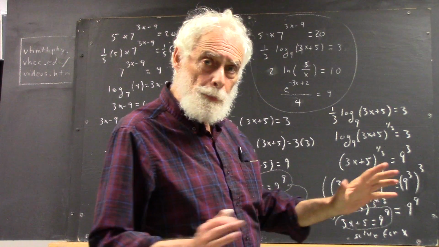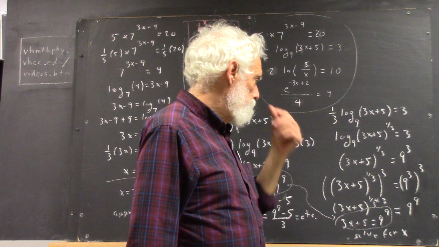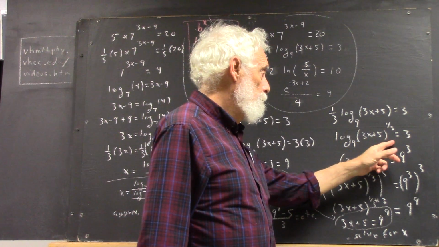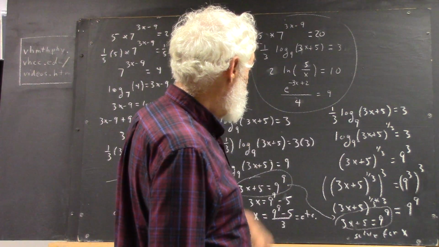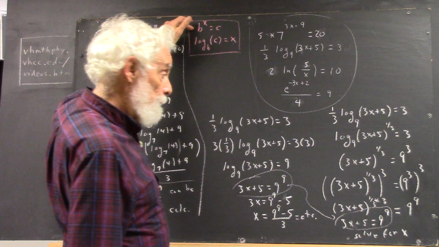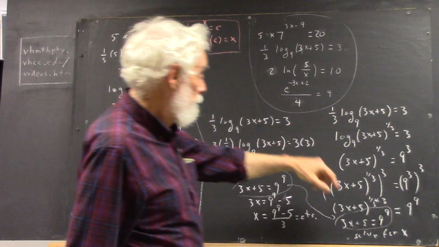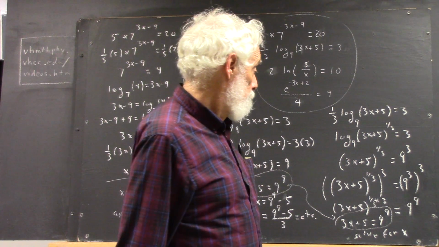Of course, those are properties that you get used to by working with them. So we get this, and now this is in a form that can be converted to exponential form. We get (3x plus 5) to the 1/3 equals 9 to the 3rd.